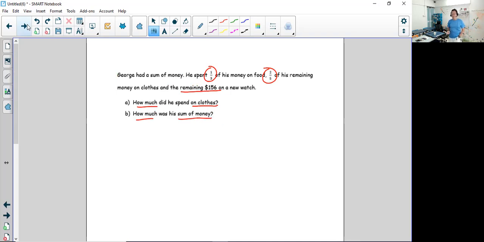So many students, all right, if they do not understand the concept well, they don't understand the concept of fractions, they will do what? They will take 1/3 plus 2/5, and then they get something, right? And then what happened? Then they have 1 whole minus the answer to get you the remaining, the fraction that is the remaining, right?